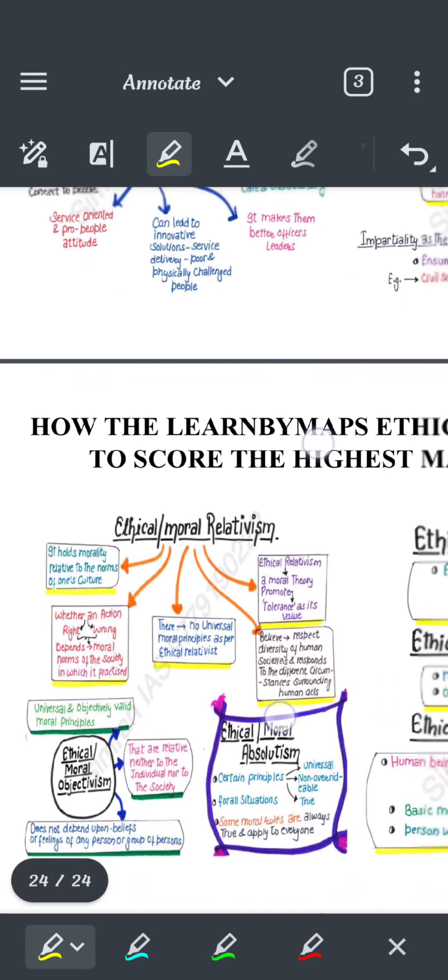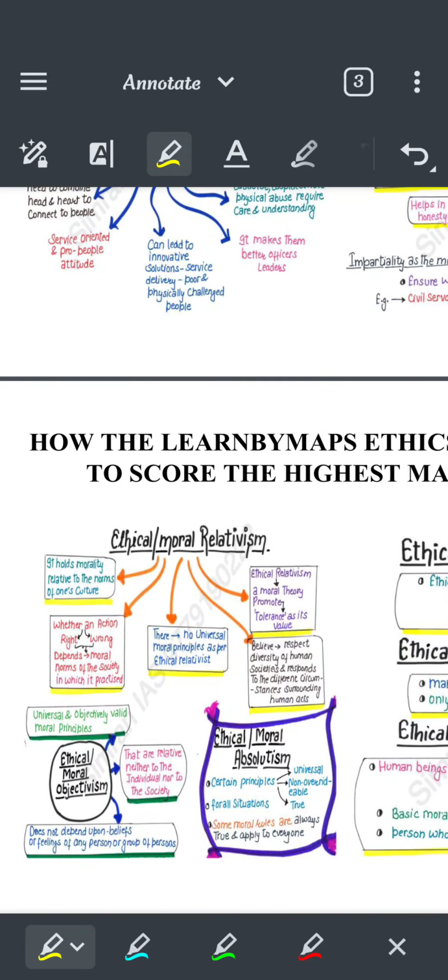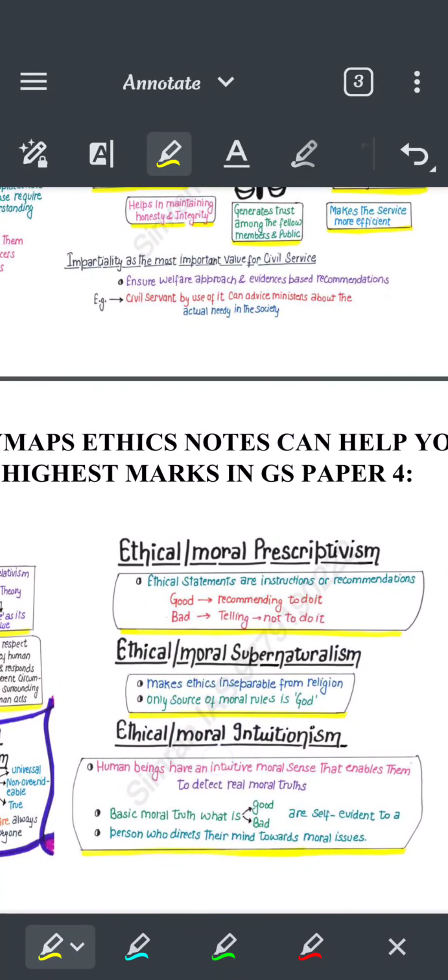It has been defined beautifully and comprehensively with the use of proper flow charts, in a spoke and wheel manner. Next topic on which the notes are there is ethical and moral prescriptivism, and also on ethical and moral supernaturalism and ethical or moral institutionalism, the notes are there.